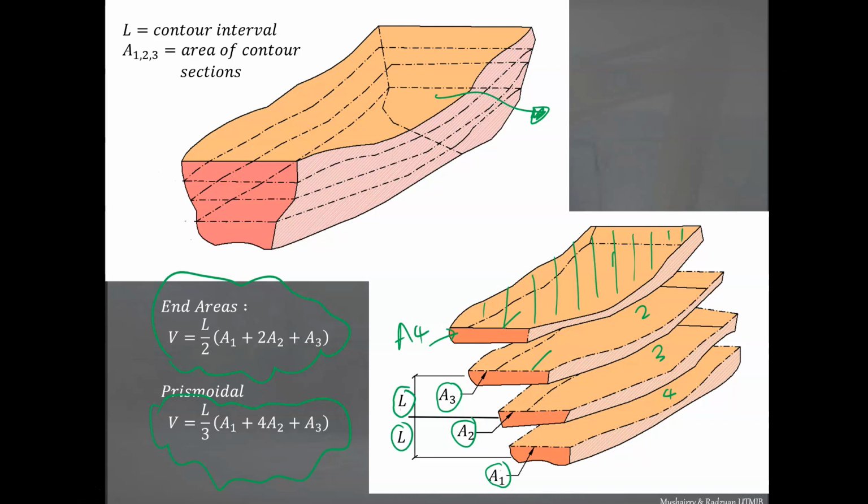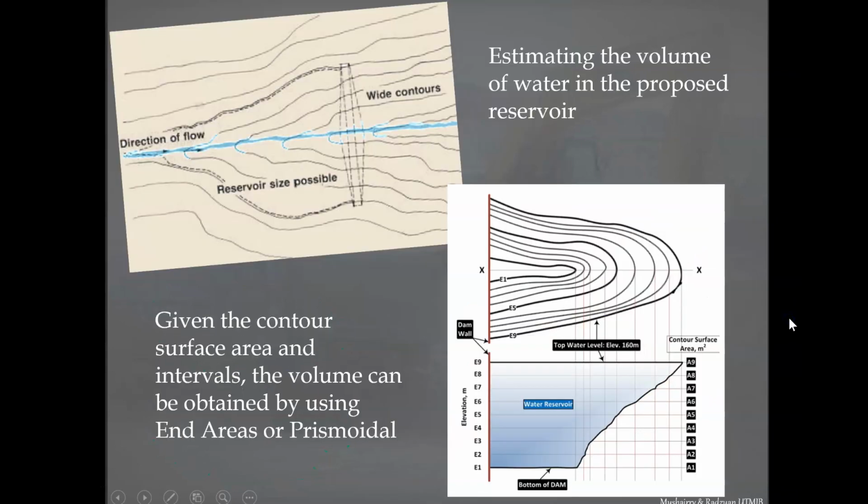Using contours to find volumes is suitable when we're dealing with a large area. So that's another example to show how we can apply the concept.